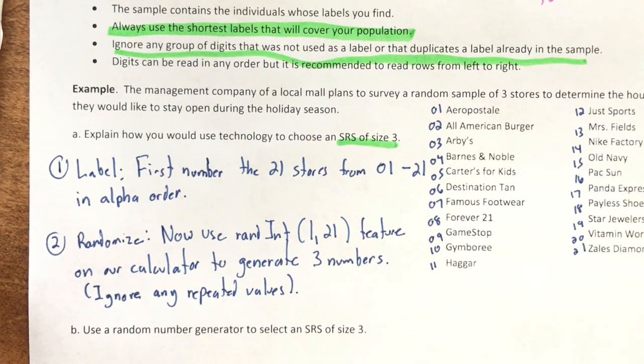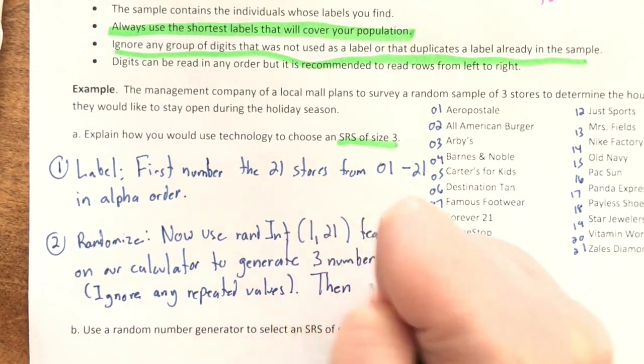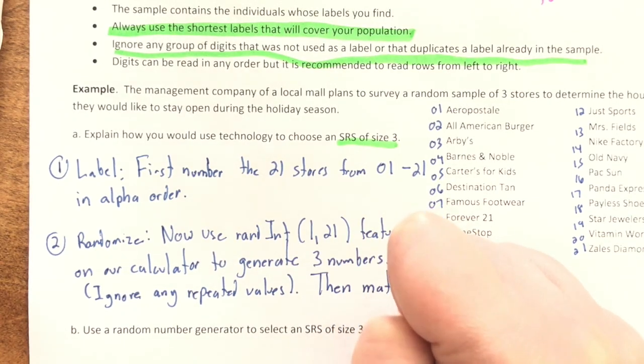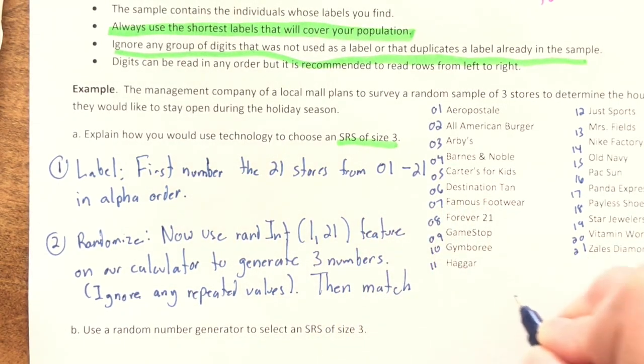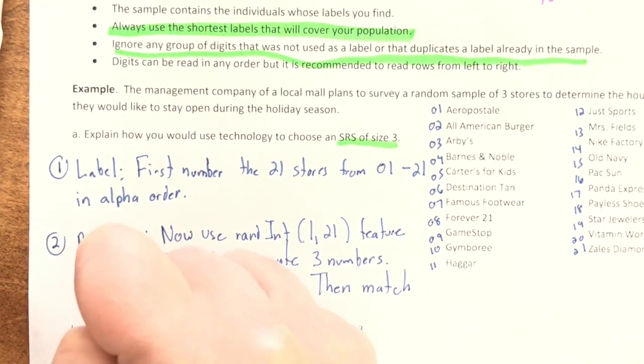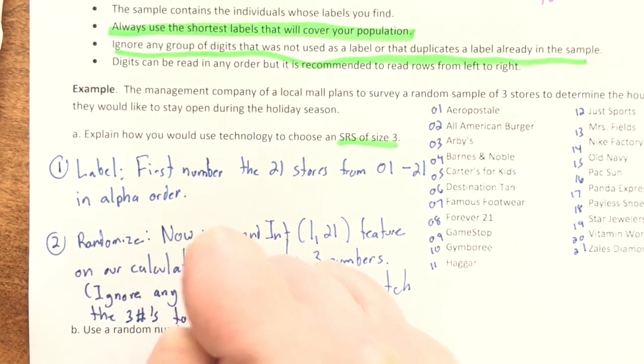So you'll go through, you'll generate 3 unique digits, ignoring anything that's repeated. So this way you have 3 unique digits. Then after you generate those 3 unique digits, you're going to match the 3 numbers to the corresponding store.